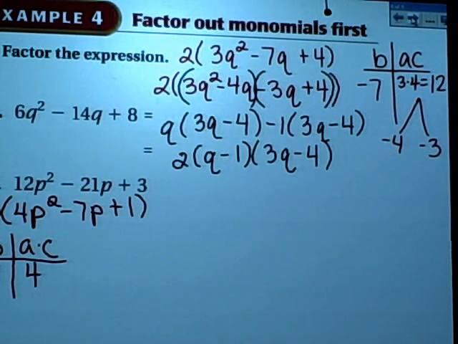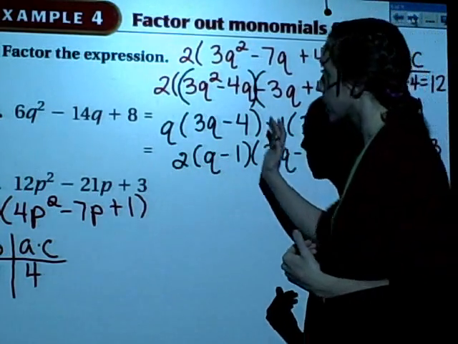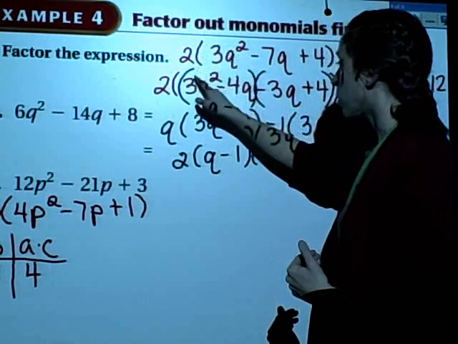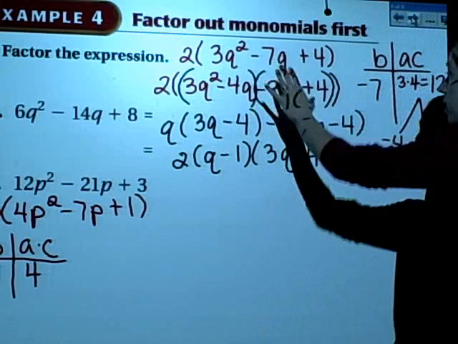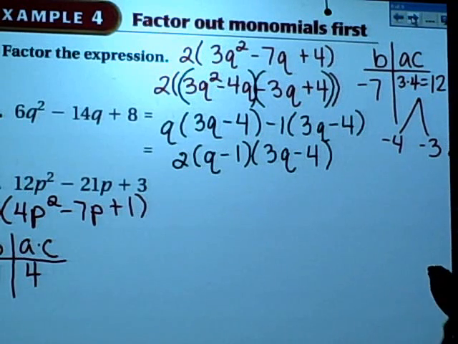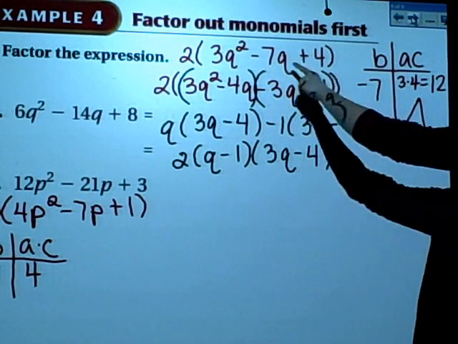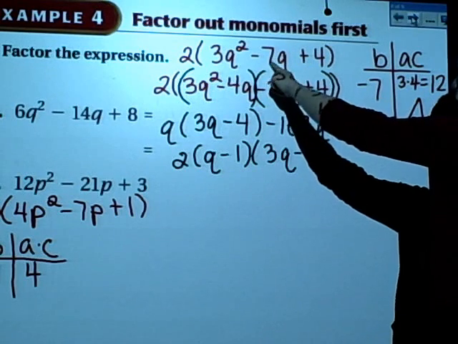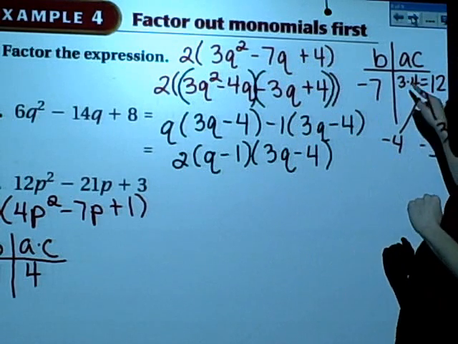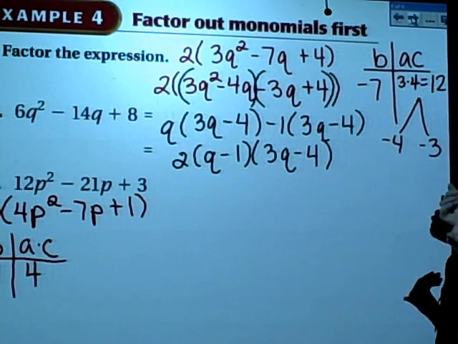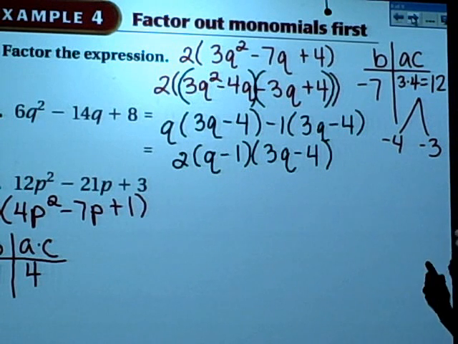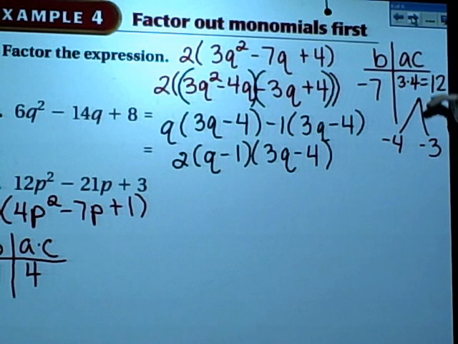Okay, so I got a lot of stuff written on here. So we factored out that 2, we wrote what was left, and then we went and did our BAC chart. We took our B term, which is now negative 7, and A times C, which is the same as 3 times 4, which gives me 12. Okay, so I asked myself, what are 2 numbers that will multiply to give me 12 and add to give me negative 7?